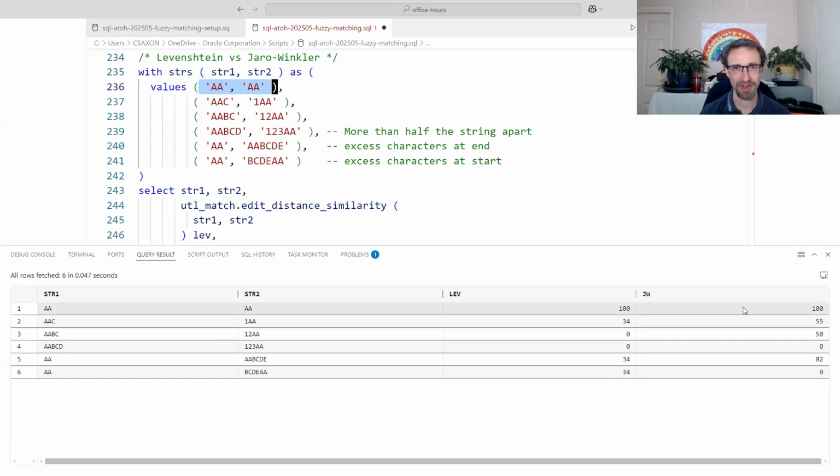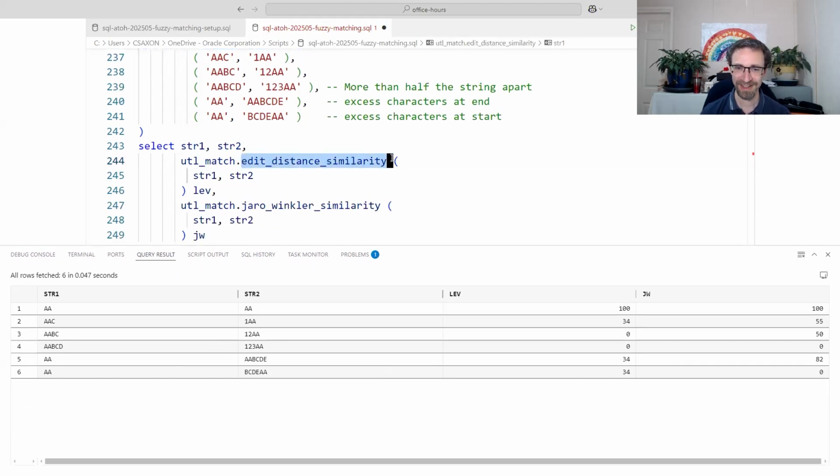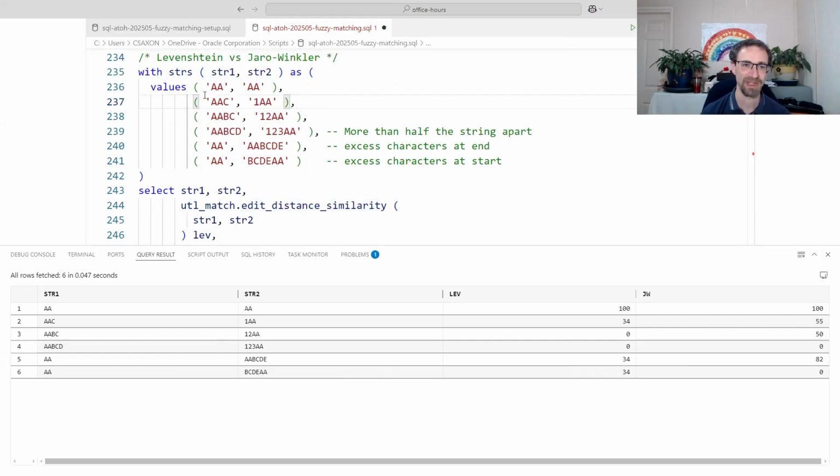They're both considered a perfect match. To make the comparison easier, I've used the similarity, because that's a scaled percentage for both of those. If we look at AAC versus 1AA, with Levenshtein, we need to change the A to a 1 and the C to an A. So we need to change two characters, a 1/3 match.